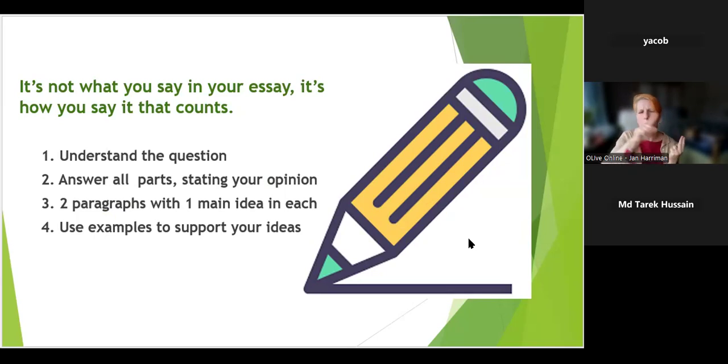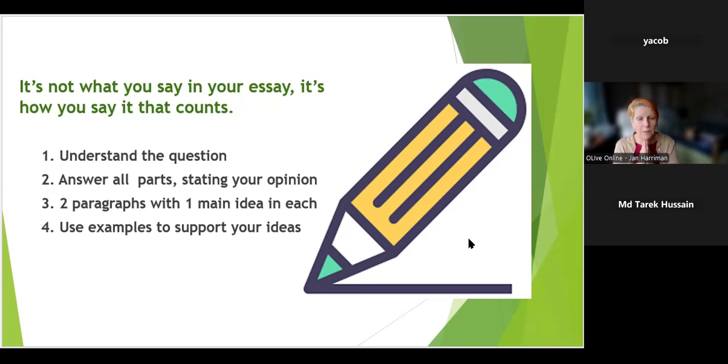Did you answer all the parts and state your opinion? Did you write 2 paragraphs, each with a main idea and a single focus? Those focused paragraphs are super important. That's part of the how. And did you use examples to support your ideas? Those are the most important parts of the writing task 2.